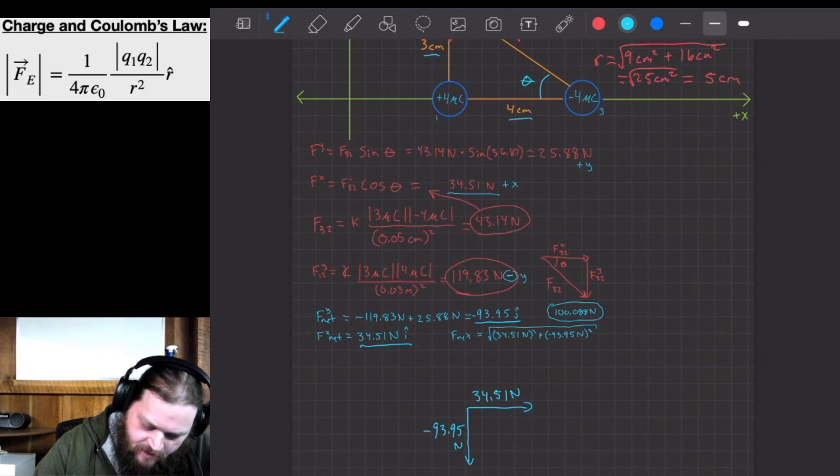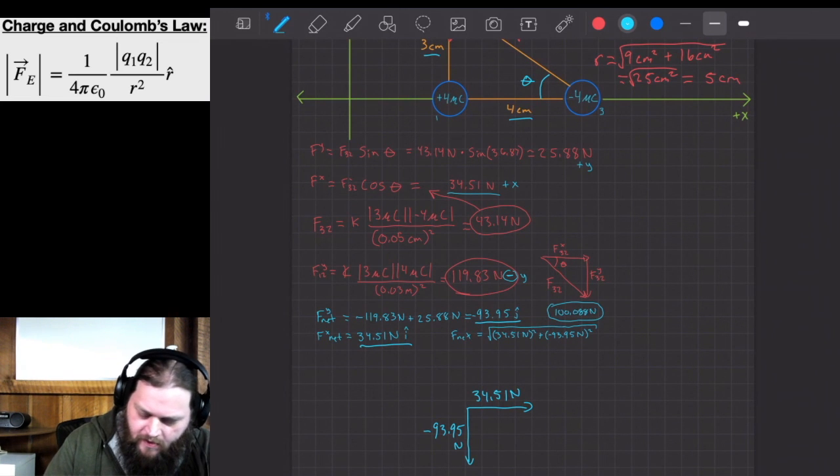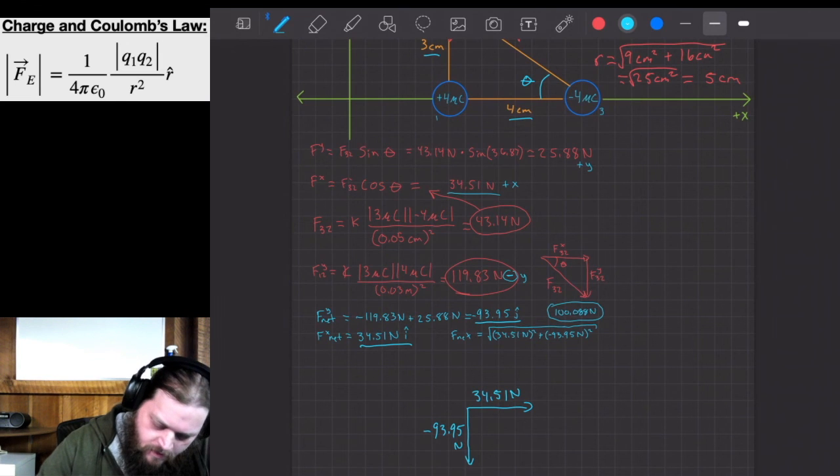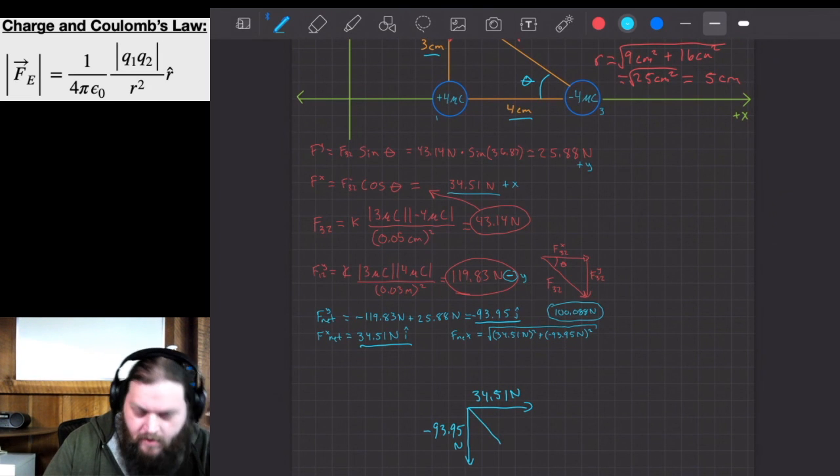So our force is going to be somewhere between those two. To find the angle, I'm going to find the angle between those two using trigonometry.